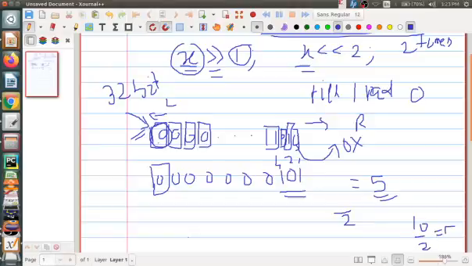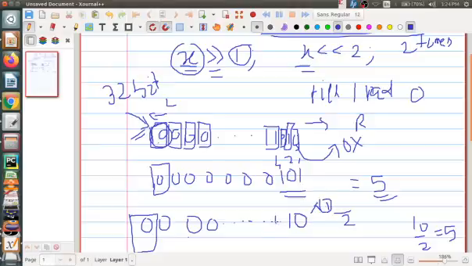Now let us see one more time I have right shifted. The new value will be all 0s because the sign bit is 0. So the MSB, the most significant bit, the leftmost bit, will be 0, and then 1 0. Finally this last one will be discarded.